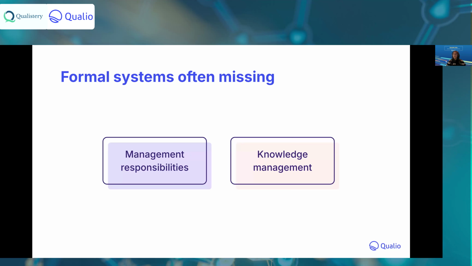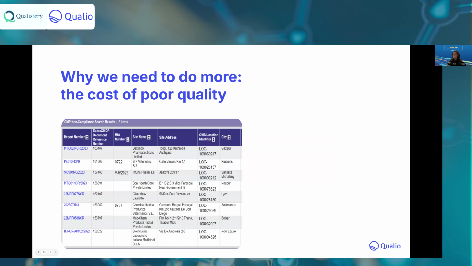It cannot be trapped in certain areas and not communicated because it does lead to mistakes and repeat mistakes. So both of these two pillars do drive up the cost of poor quality, which I think leads nicely into why. Why do we need to do more for the cost of poor quality?